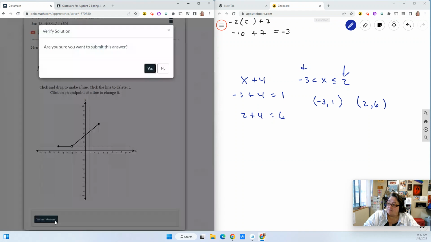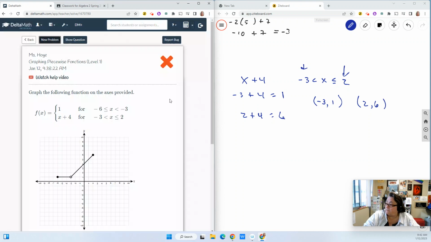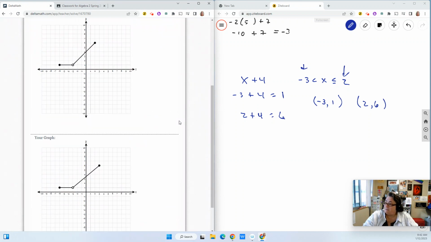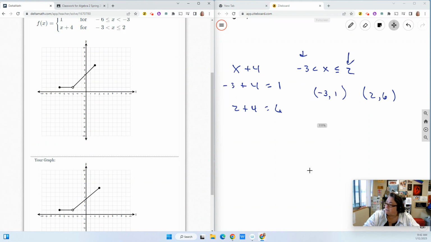And then when we hit submit, it should be correct, hopefully, unless I screwed it up. Where did I screw it up? What did I do wrong? Two, 6. Oh, they got it at 3, 6. Why is it at 3, 6? Did I write something down wrong?